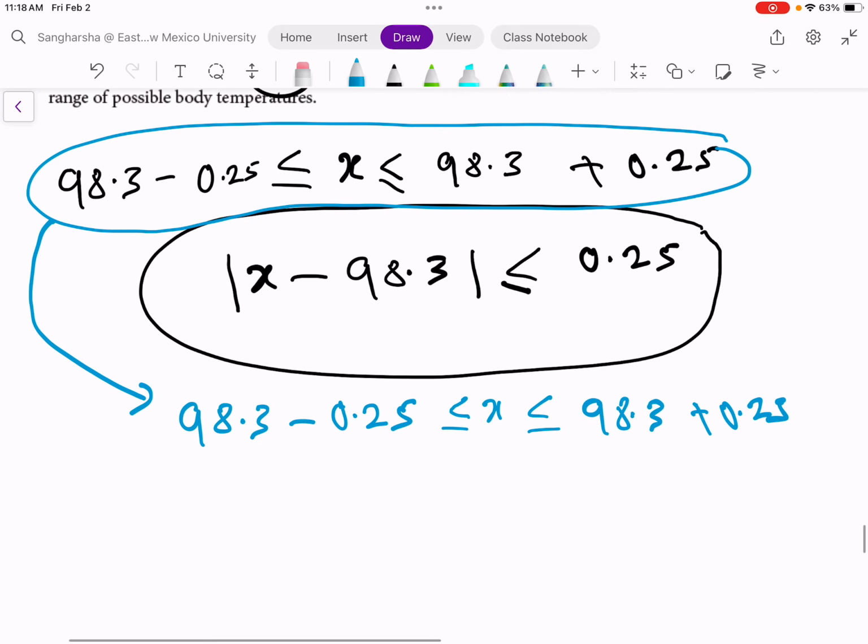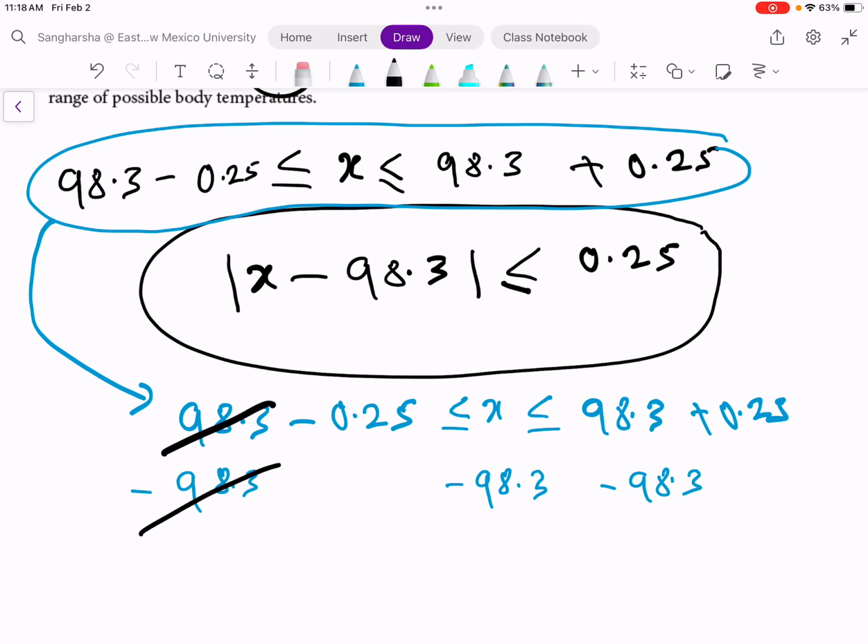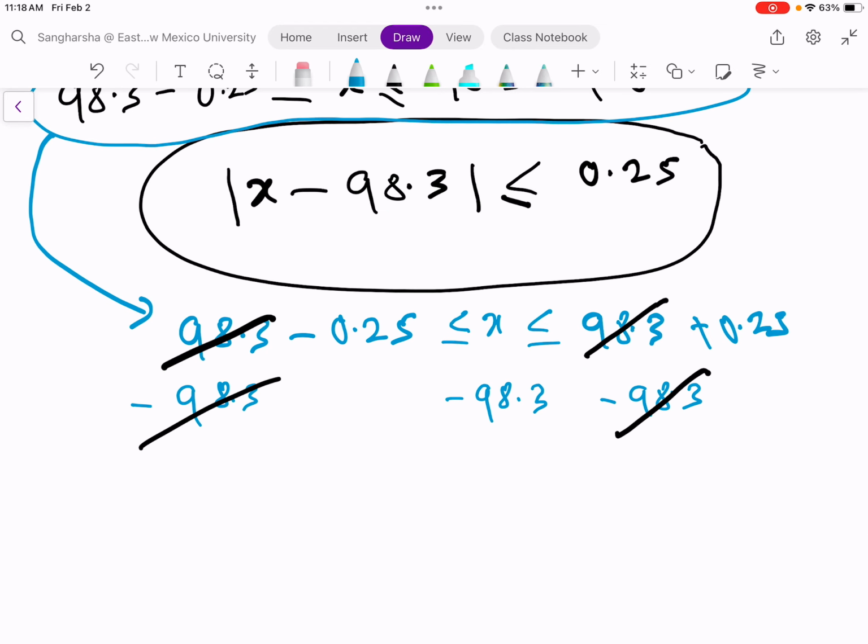Make sure you are subtracting everywhere. 98.3 subtracting 98.3, so this cancels, this cancels, this cancels. And we have negative 0.25 less than or equal to x minus 98.3 less than or equal to 0.25.